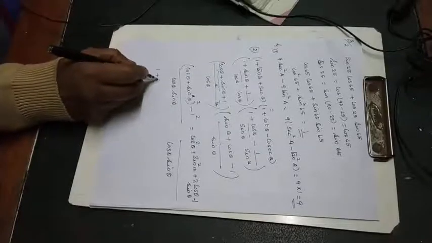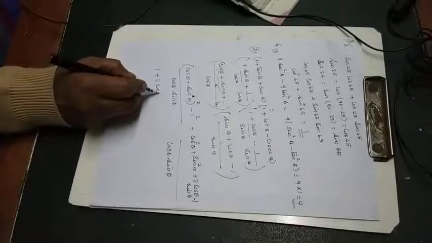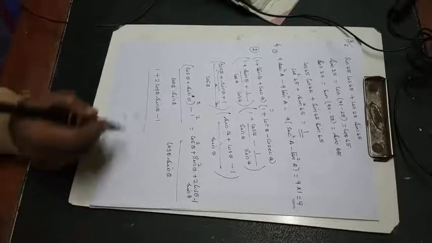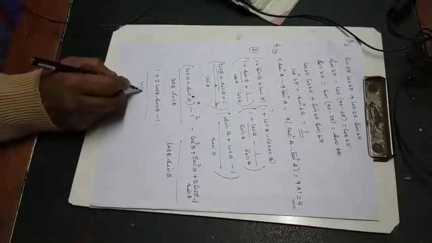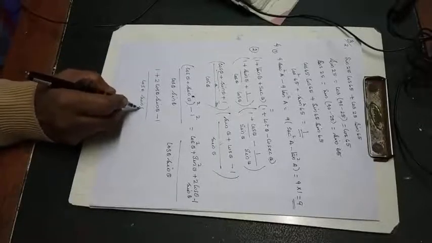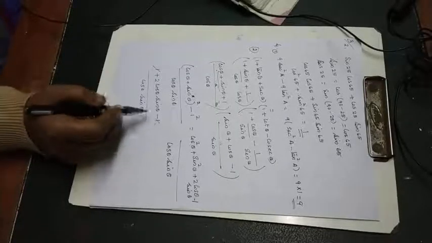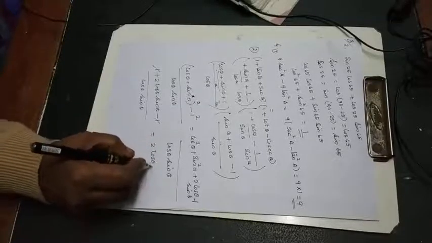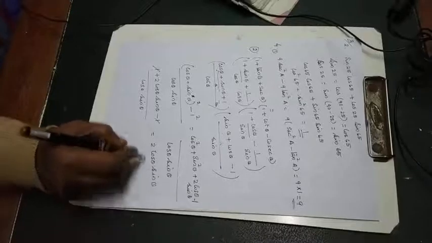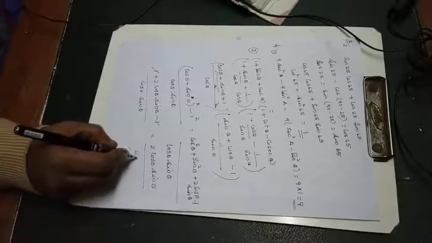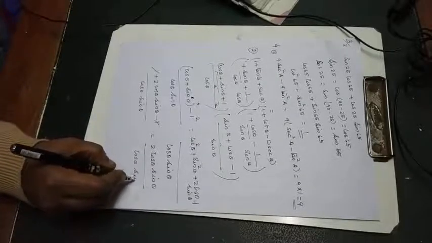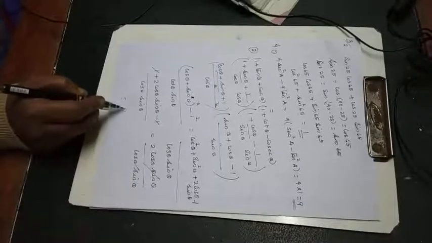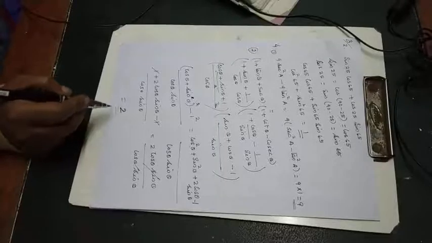So 1 plus 2 cos theta sin theta minus 1 by cos theta sin theta. That 1 will get cancelled. You are getting 2 cos theta sin theta by cos theta sin theta. Now this will get cancelled. That is equal to 2.